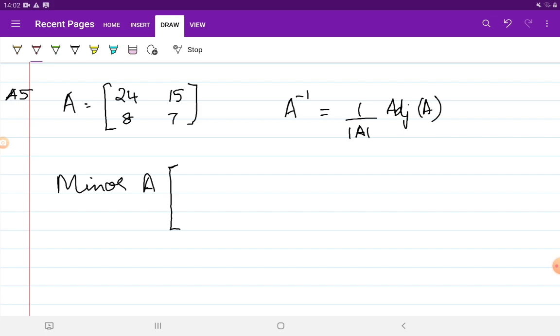So instead of 24, I'm going to delete the row and column to which 24 belongs. So what I'm left with is 7. I'm going to write this as 7. Instead of 15, I'll have to delete the row and column to which 15 belongs, and so I will get it as 8.